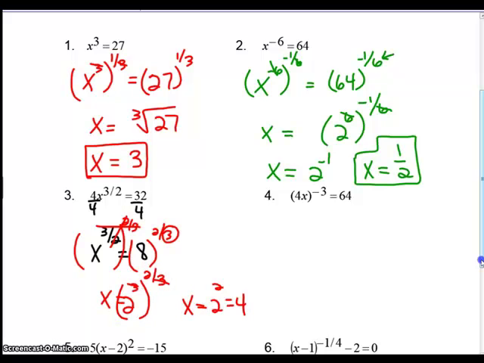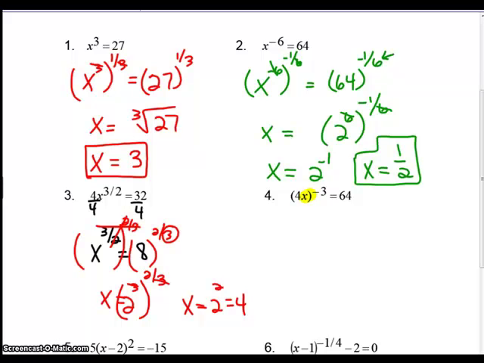Okay, number 4. We have 4x to the -3 power. Our job is to get the x by itself. So if we use the reciprocal power, we can get rid of the -3 and then solve for x. Now, before we start, let's compare number 4 to problem number 3.